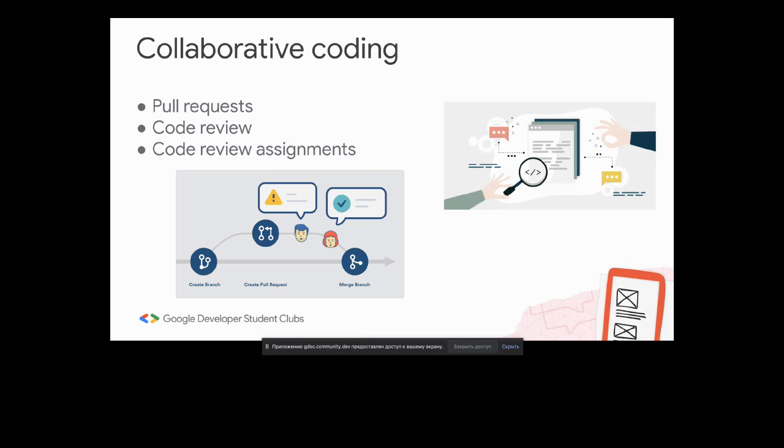There are many aspects of collaborative coding such as codespaces, notifications, protected branches, team reviewers, and multi-line comments, but we will mainly focus on pull requests and code review assignments. So first of all, the pull requests.